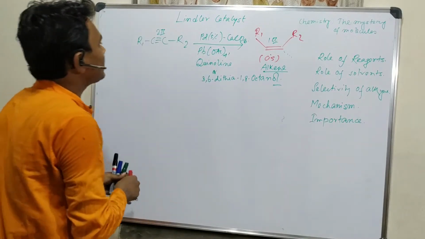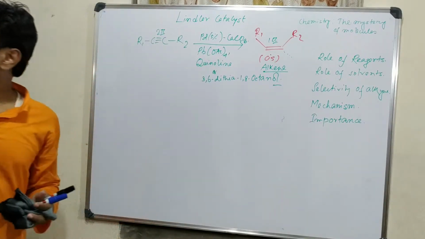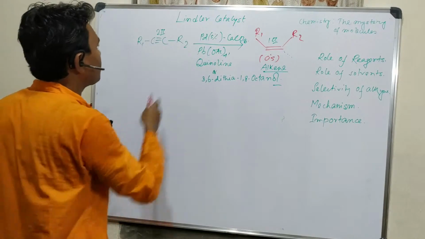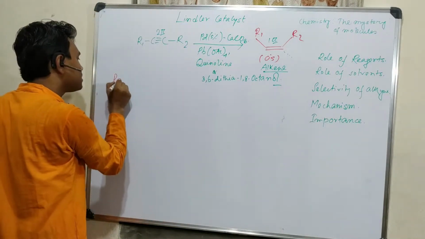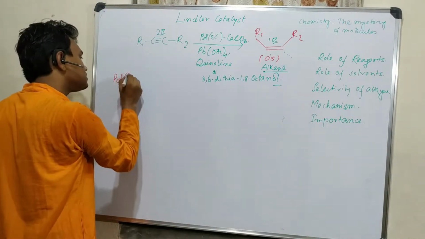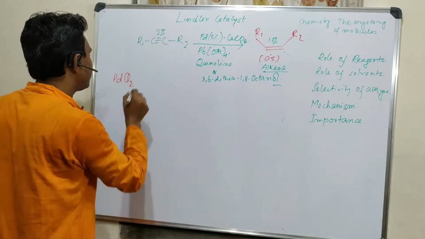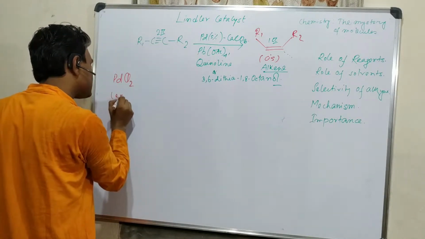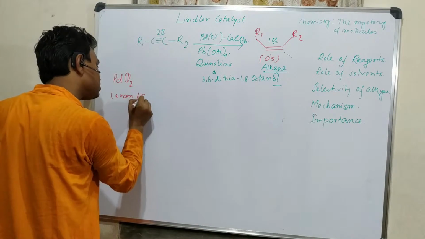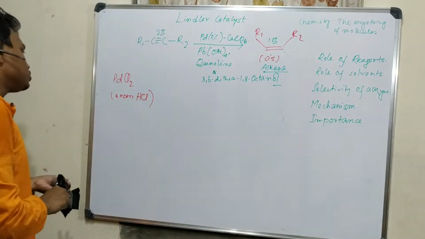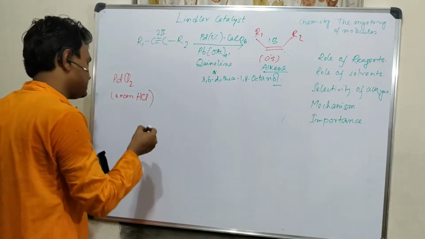Okay, this Lindlar Catalyst is prepared by the reduction of palladium 2, means PdCl2, in presence of excess HCl. Actually, this is not soluble, so to make it soluble, excess HCl is needed.